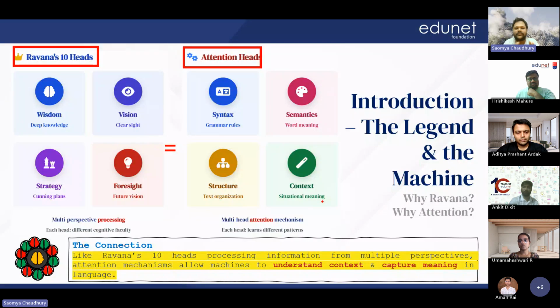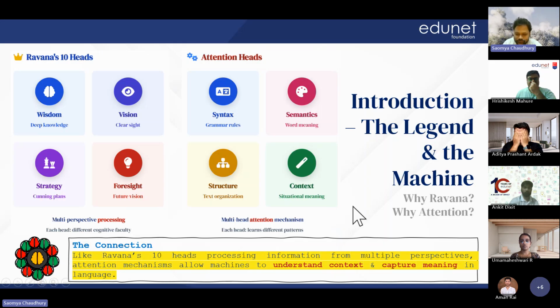So having different attention mechanisms to talk about the context, you can see like Ravan's 10 heads processing information from multiple different perspectives. The attention mechanism allows machines to understand different contexts and capture different kinds of meaning in a language. I hope that's understandable.